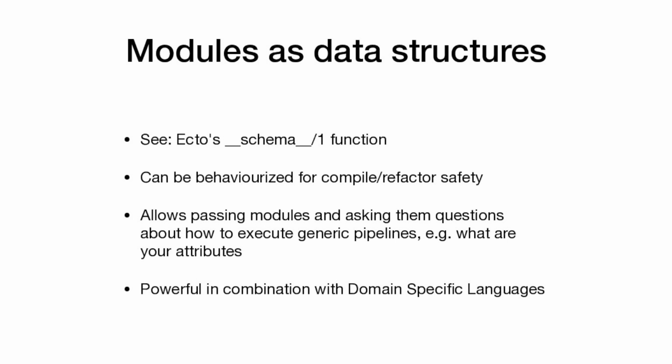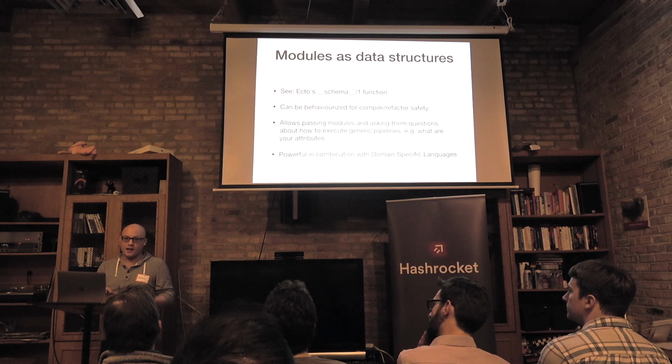But what you can also do is encode that data into functions at compile time. And given that we're in functional languages, the difference between functions and data is not very large. But in combination with using behaviors, I find it's a really powerful pattern to just make a module, give it a bunch of functions that are all behaviorized, and throw the data into the functions themselves.